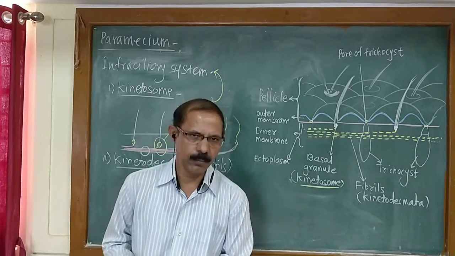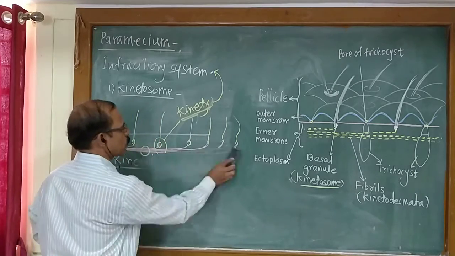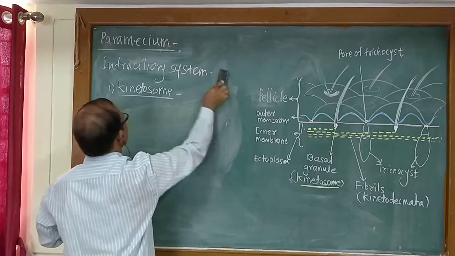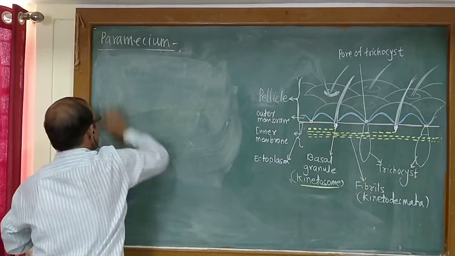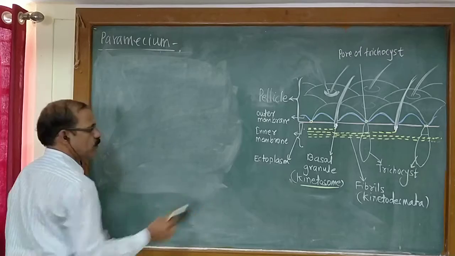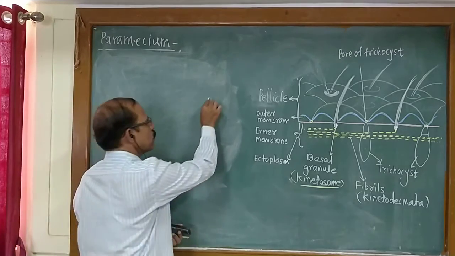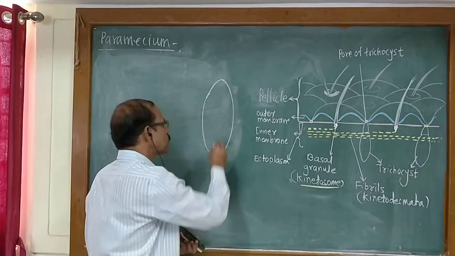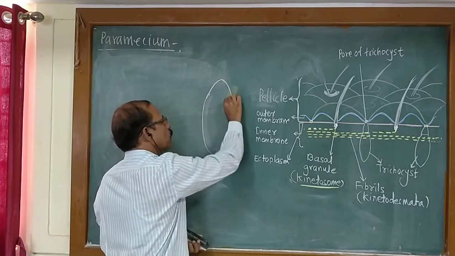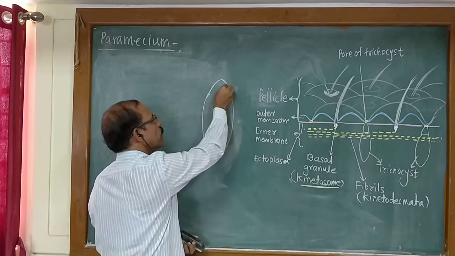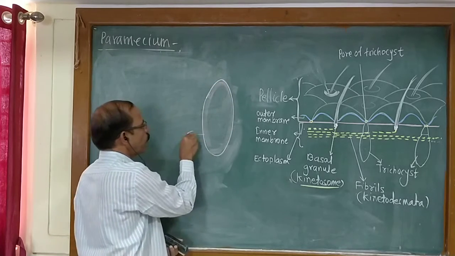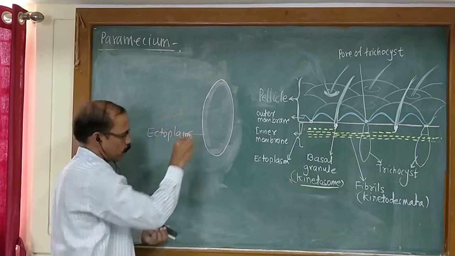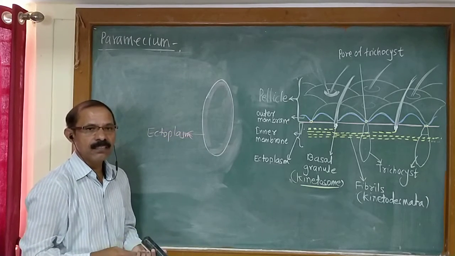The next part is trichocyst, because we learned in the external characters that in paramecium there are two layers of cytoplasm. The layer near the pellicle is called the ectoplasm. What does it contain?